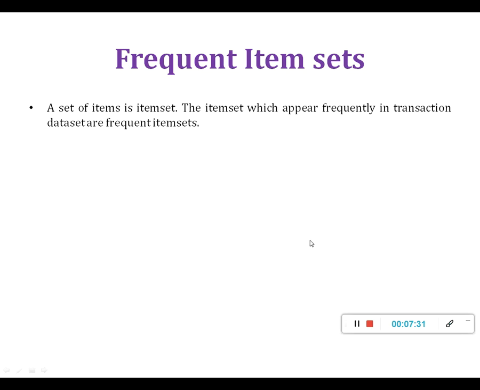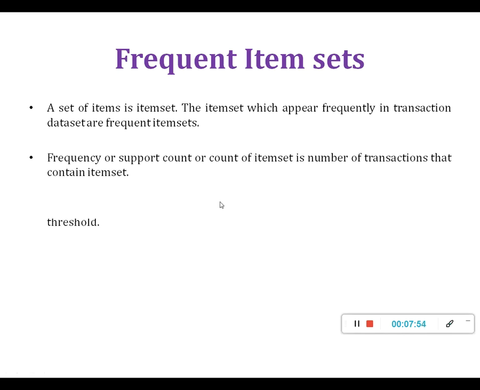Now, what are frequent item sets, which we have already covered? We are just revising once, because we use frequent item sets or closed item sets for association rules. Item sets are collections of items, and those that appear frequently in a transaction data set are called frequent item sets. How do we count that?